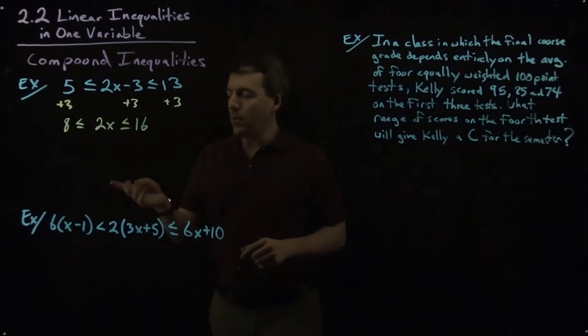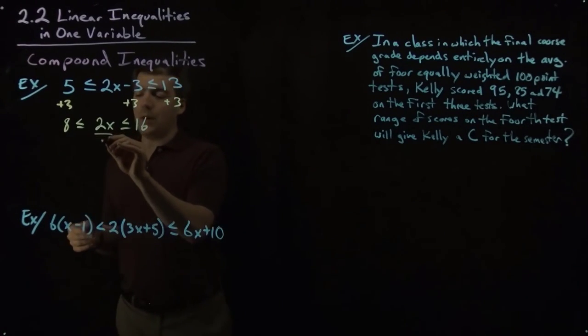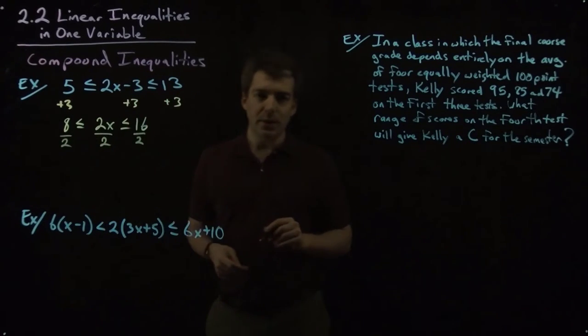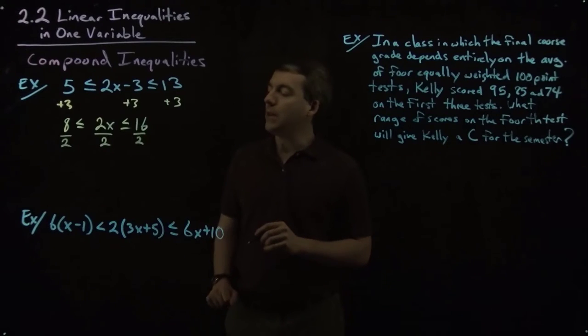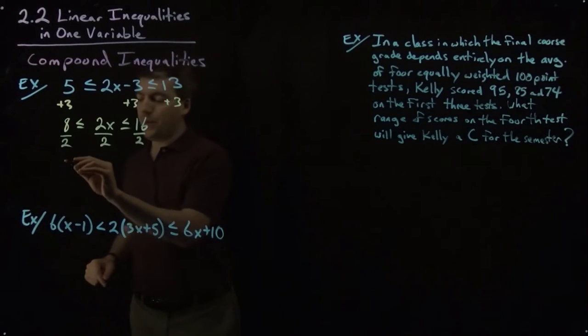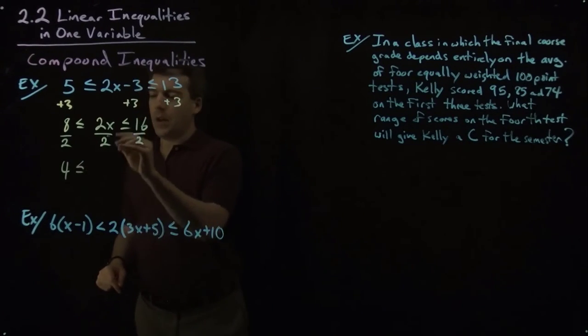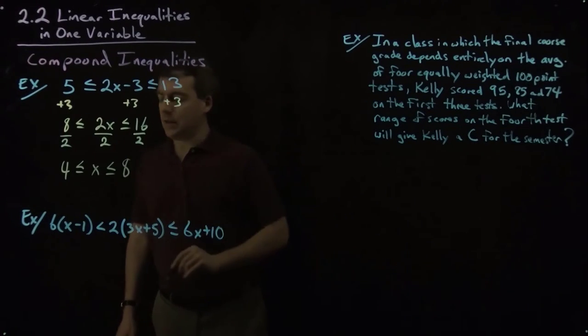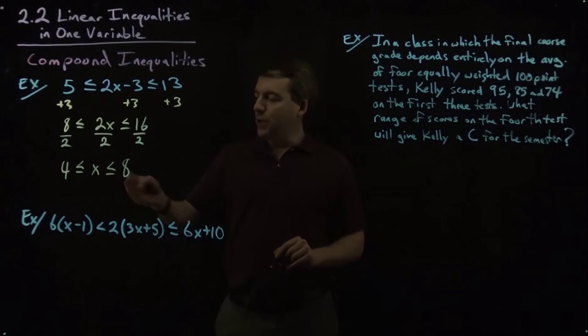Okay, and then we divide each side by 2, and 2 is a positive number, so we don't have to switch the inequality symbol, or we shouldn't. 8 divided by 2 is 4. 2x divided by 2 is x, of course, and then 16 divided by 2 is 8. All right, so x is between 4 and 8.